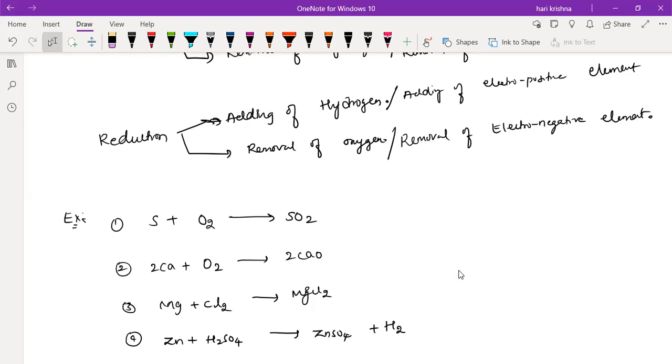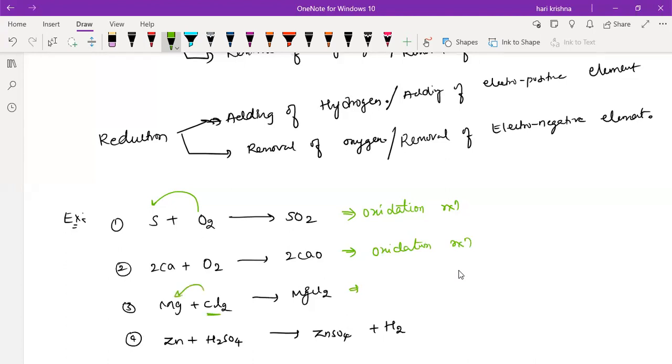See here. The first one, we are just adding the oxygen, right? So this is an oxidation reaction. Next one, again the adding of oxygen, an oxidation reaction. Next one, adding the most electronegative element.